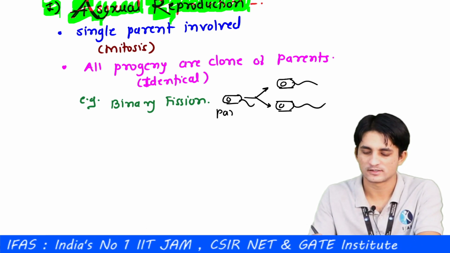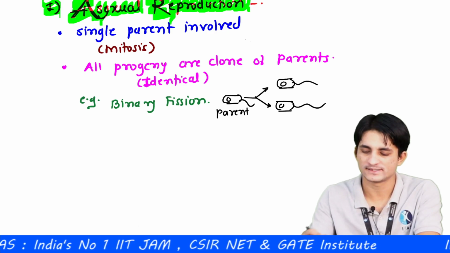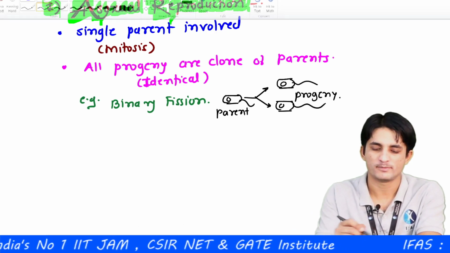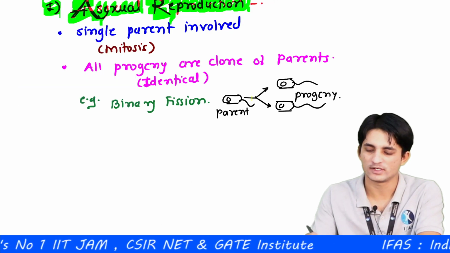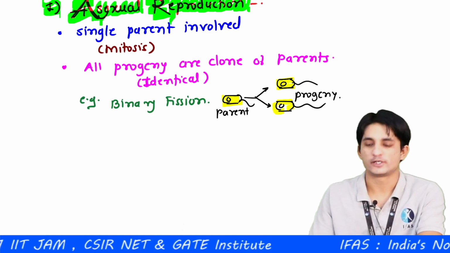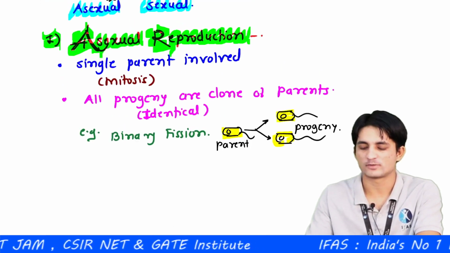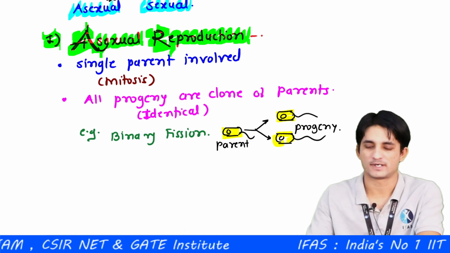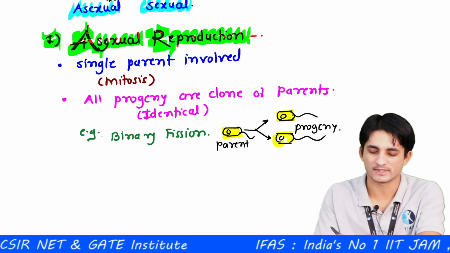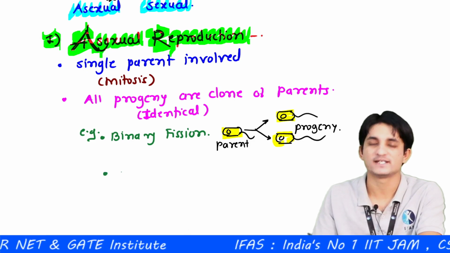This is the parent and these are the progeny. They are clones of the parent, so they are exactly equal. Only doubling is there. At the completion of the generation time, the bacteria will double, such as E. coli. E. coli's generation time is around 20 minutes, and therefore after 20 minutes it doubles.